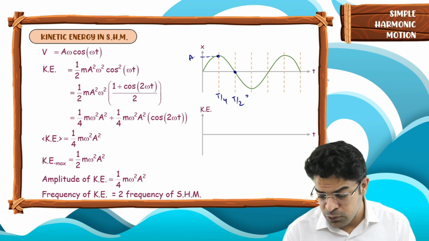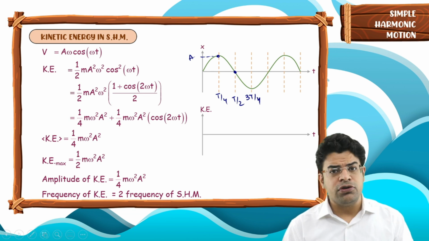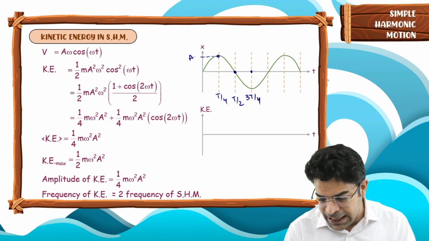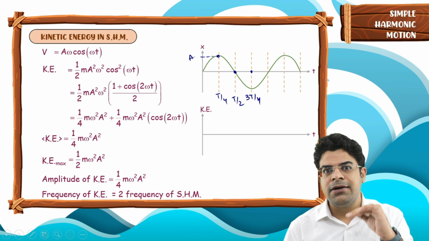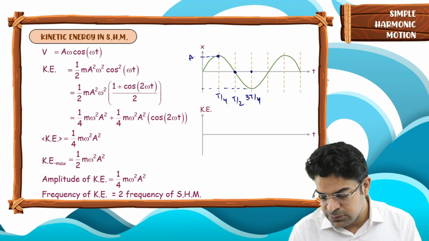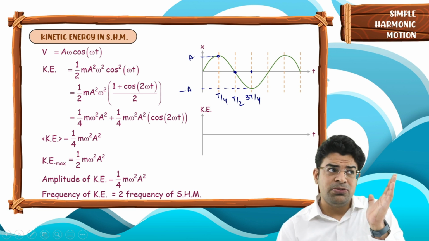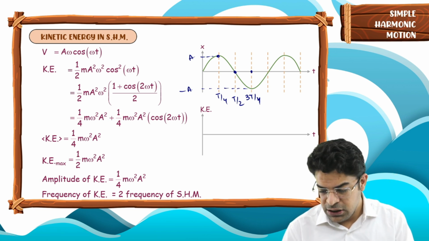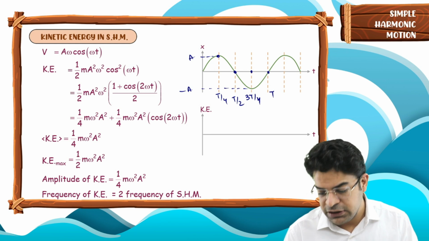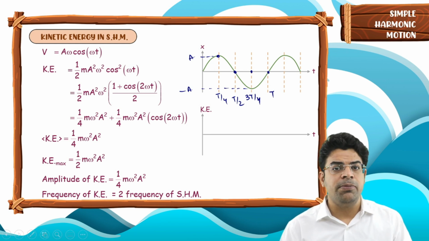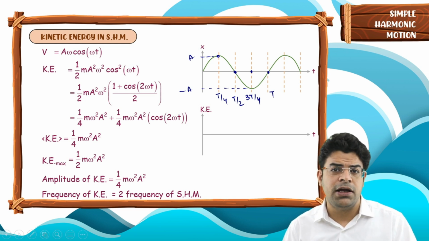After a quarter cycle, at time equals 3t by 4, the particle is at negative extreme, where the displacement from mean position is minus a. Speed is 0, kinetic energy will be 0. And again, at time equals t, the particle is at mean, kinetic energy will be maximum, equal to half m omega square a square.